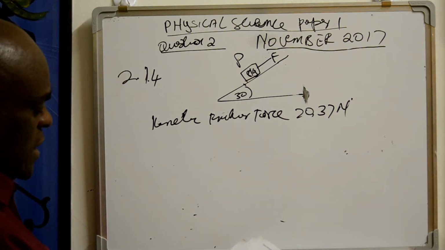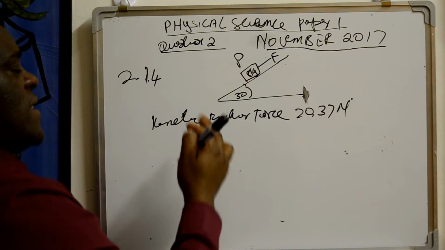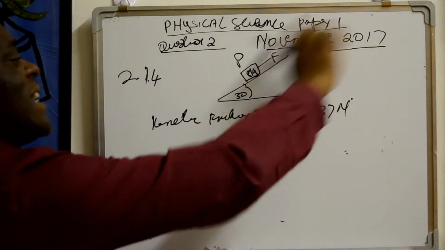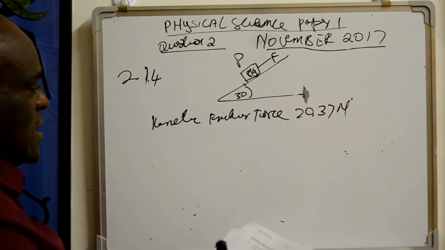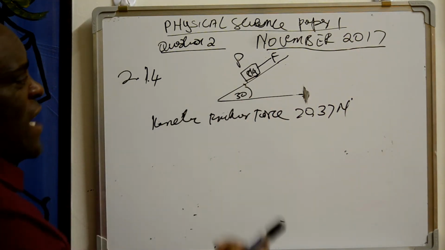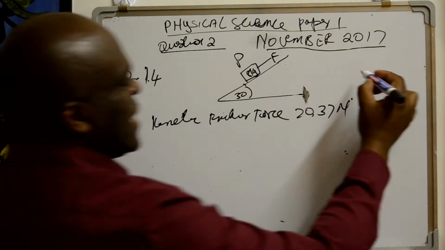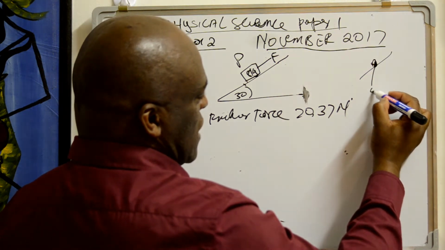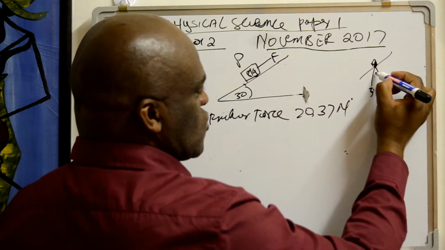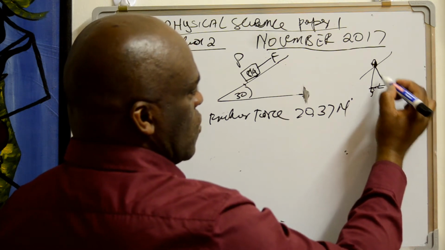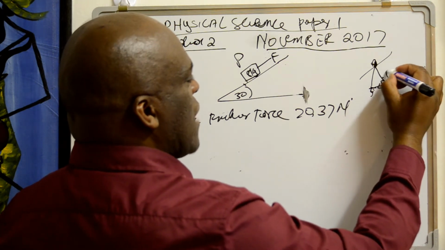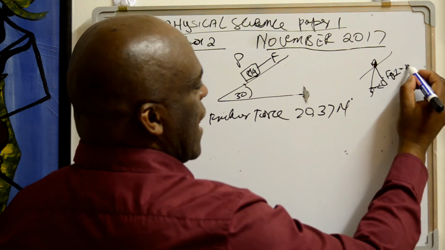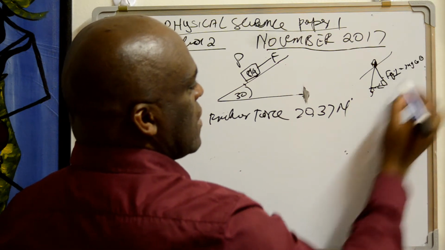How many forces are acting now? There are two forces. The force of gravity is acting down and the friction force is acting in the opposite direction. We call it Fg parallel. In an inclined plane, this one is Fg perpendicular, which is equal to mg cos theta.